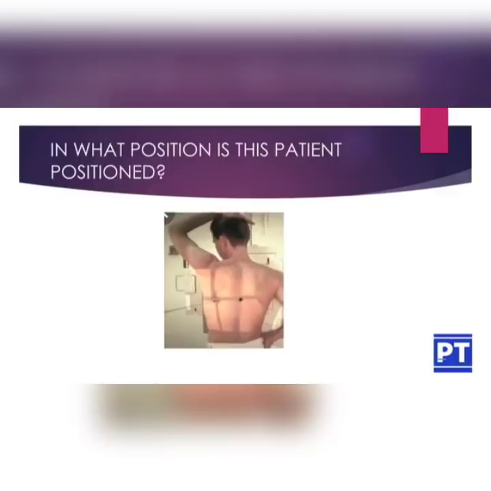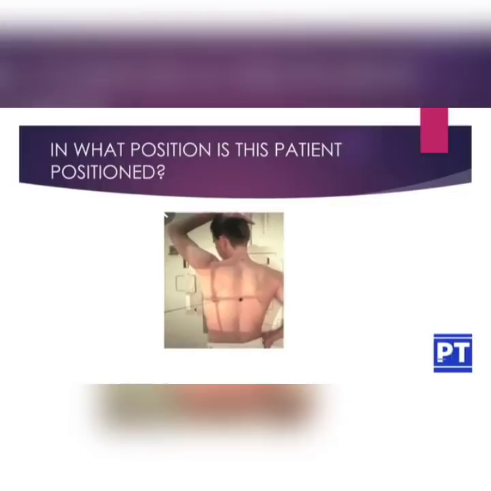So, will you please identify in which position this patient is positioned? This is the image receptor, and when we are viewing the patient from the back, it is known as the posterior aspect. So which aspect is in contact with the image receptor?